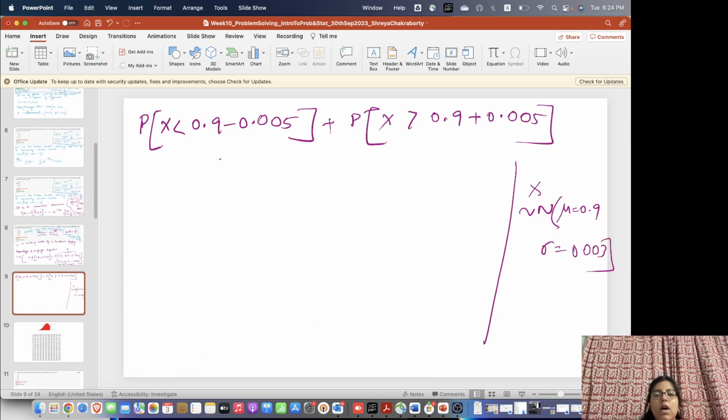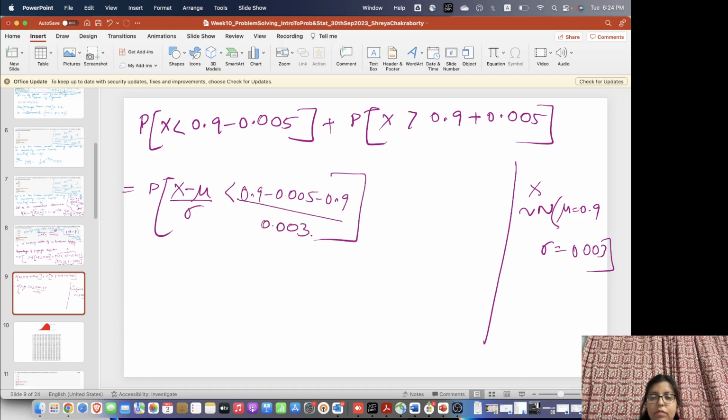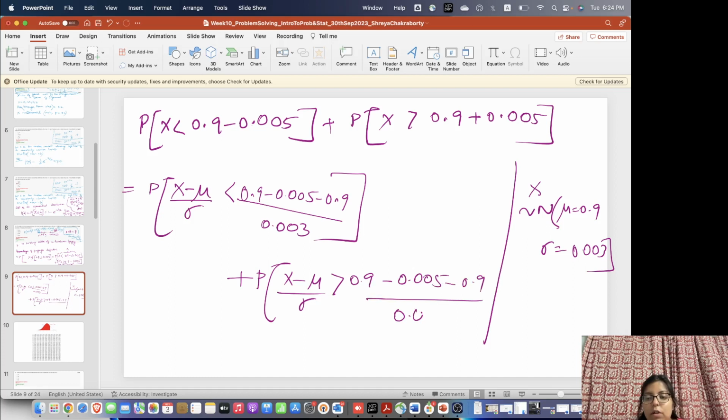Okay, so now we'll write it like this. P((X - mu)/sigma < (0.9 - 0.005 - 0.9)/0.003) plus the probability that (X - mu)/sigma > (0.9 + 0.005 - 0.9)/0.003.